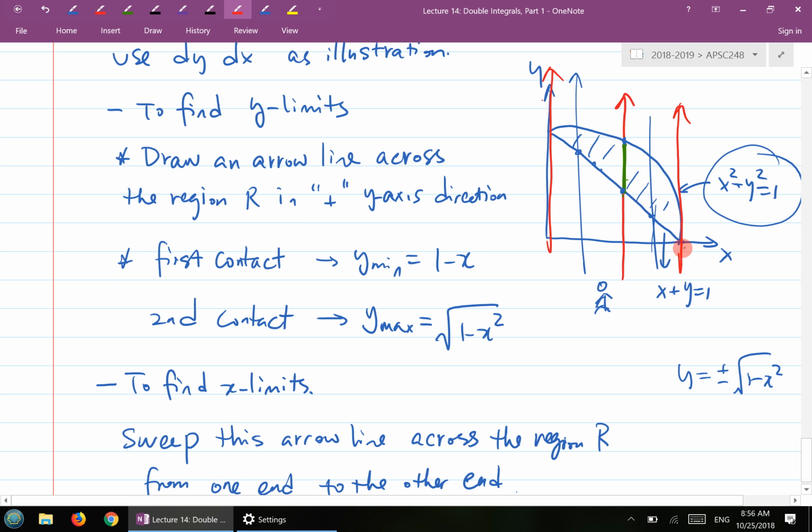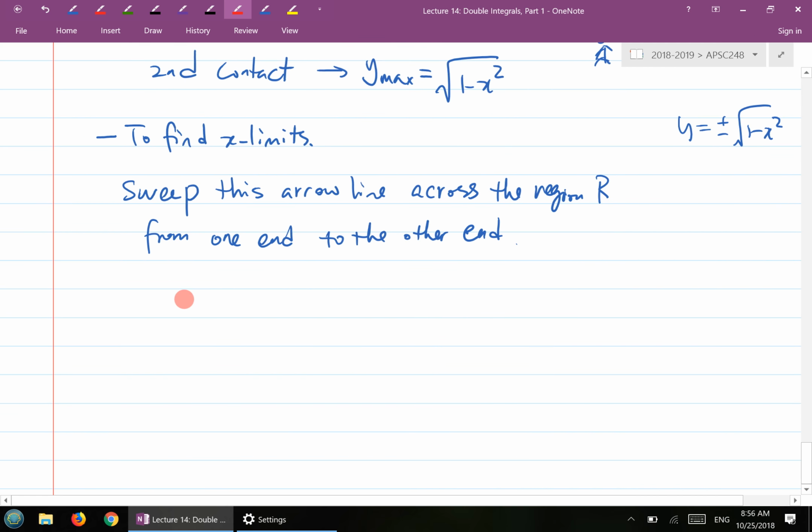Then the x min and x max correspond to the values from one end to the other end. In this case it's very straightforward. The x min is 0, and at the other end, the x max is 1, because that's the edge over there. So once you find all these limits, the rest of the work becomes very simple.